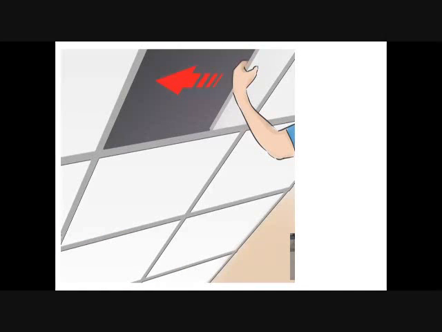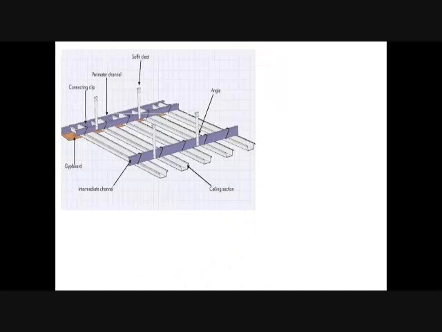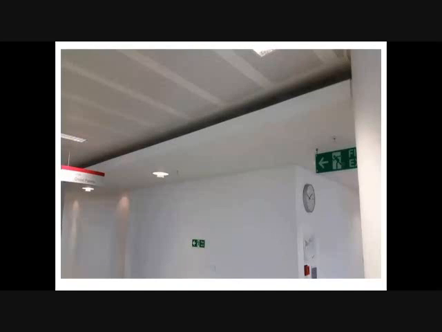Of course, acoustical tiles are very easy to open and close and access any part of the ceiling to fix or maintain anything there. You just push the tile up and move it to open the ceiling.